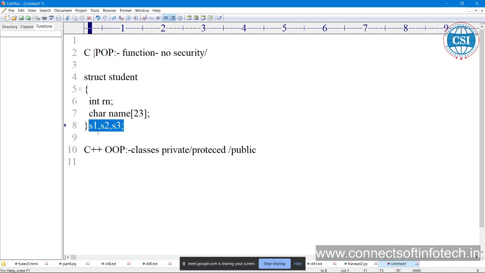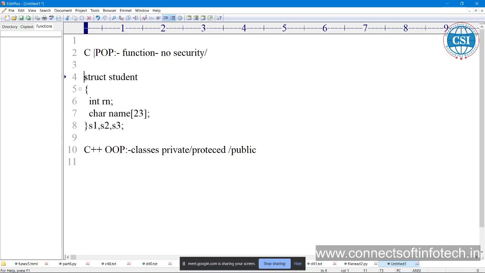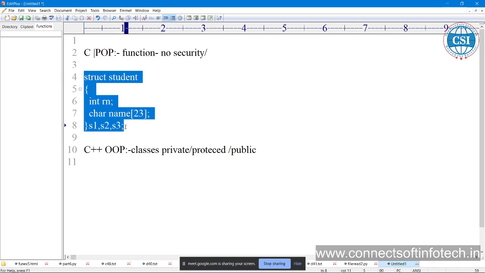So the same concept is extended in the object oriented programming language. But here there is no inheritance, meaning they are not going to derive. Derivation is not available here.